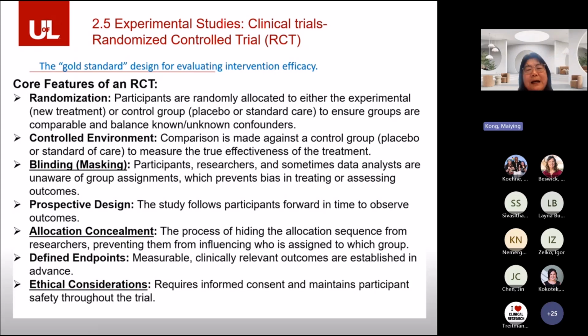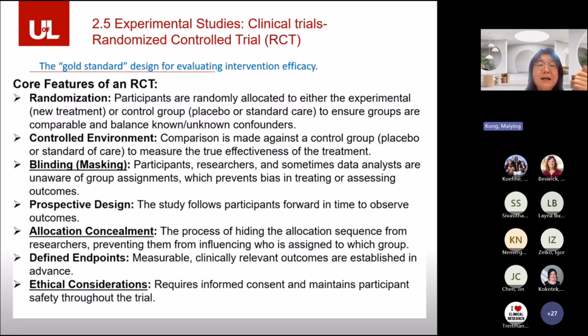Here we go through the clinical trial to compare this treatment effect. We usually say that the randomized controlled trial is the gold standard to evaluate interventional efficacy. There are core features of the randomized controlled trial.